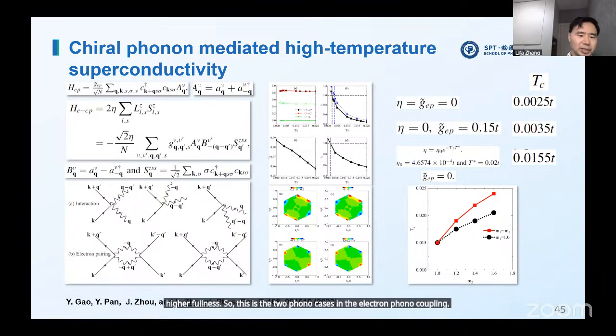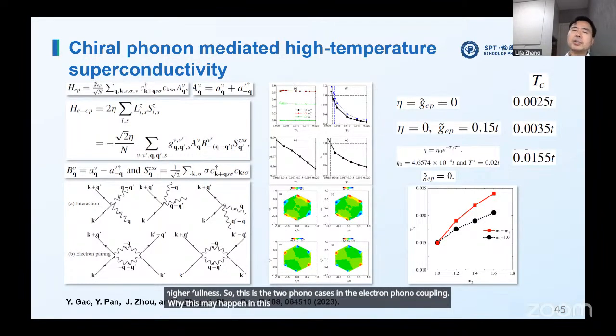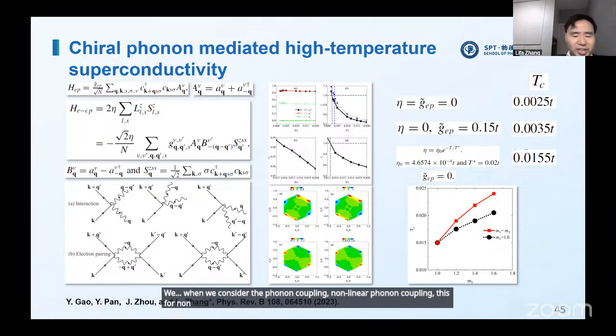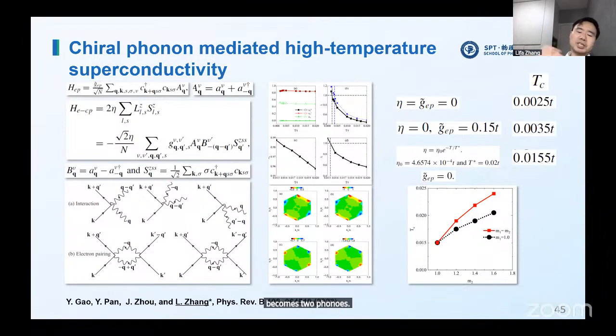Why may this happen in the electron-phonon interaction? Because in thermal transport, when we consider nonlinear phonon coupling, it has three phonon cases, maybe two phonons combined into another phonon, or one phonon becoming two phonons. All these are three phonon cases. But most recently, they found the four phonon case is very important in the scattering process.